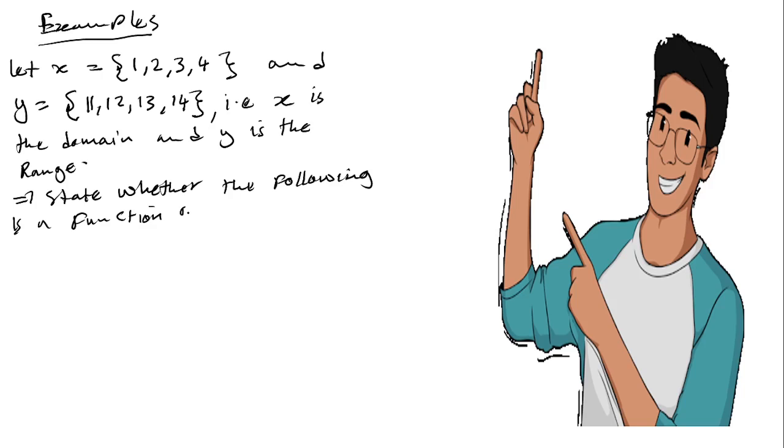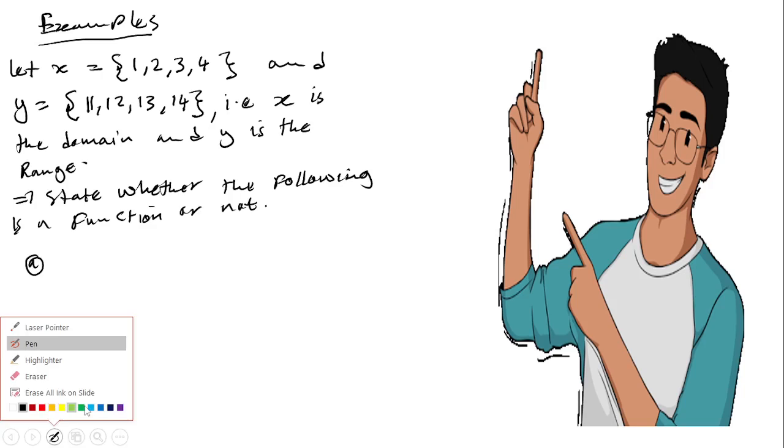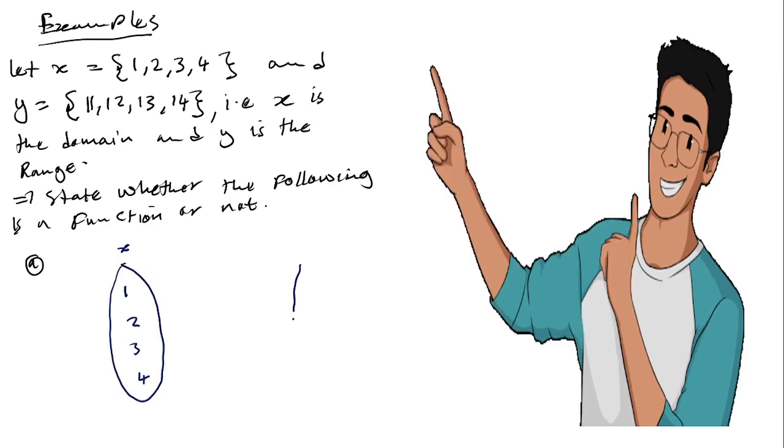So I'll start with A. I'm going to give a lot of examples on this one, so please make sure that you follow how the mapping is working. I have this as my x, with 1, 2, 3, 4, and this side is my y, with 11, 12, 13, 14.